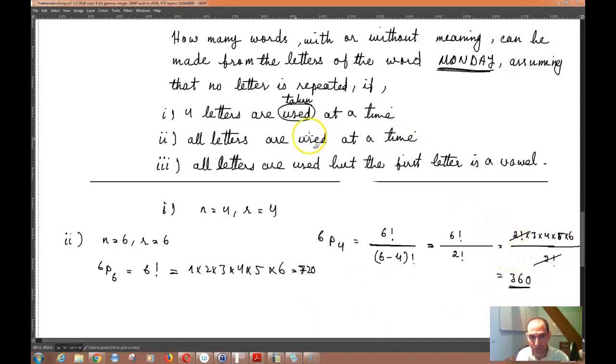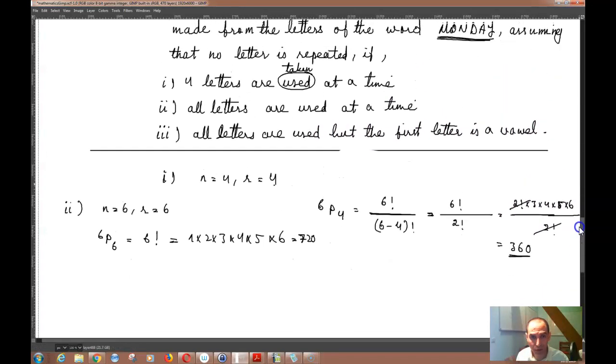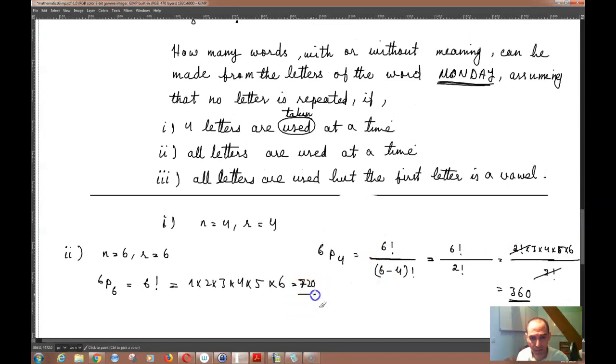And then if all letters are used but the first letter is a vowel, the total number of permutations is 720, but then the first letter has to be a vowel.